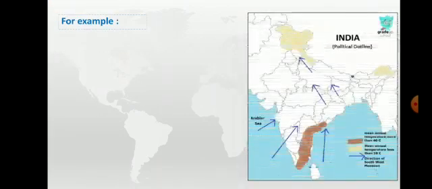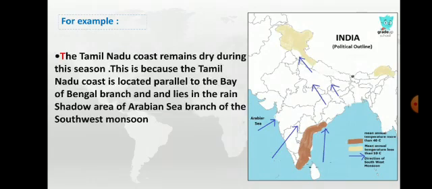Next, we'll see the second example, that is the Tamil Nadu coast. The Tamil Nadu coast remains dry during this season. This is because the Tamil Nadu coast is located parallel to the Bay of Bengal branch and also lies in the rain shadow of the Arabian Sea branch.